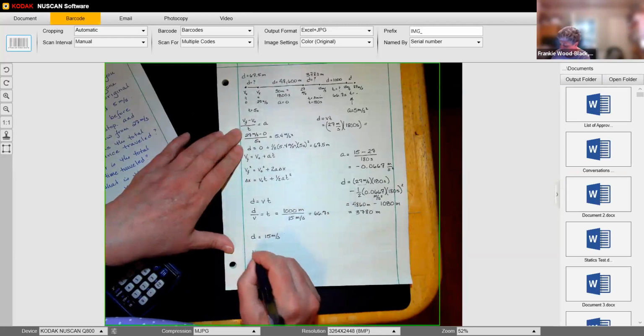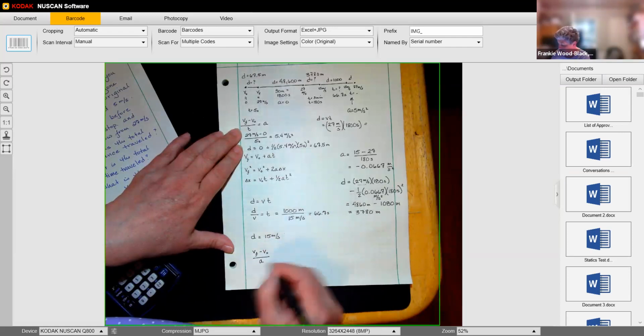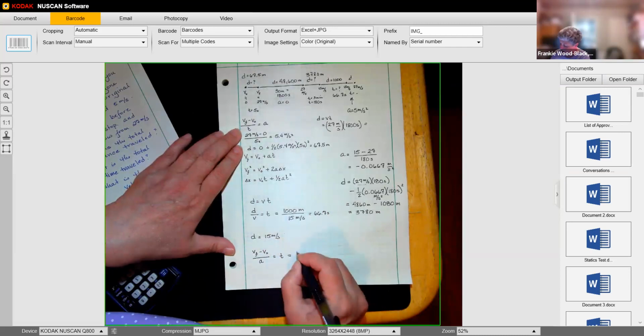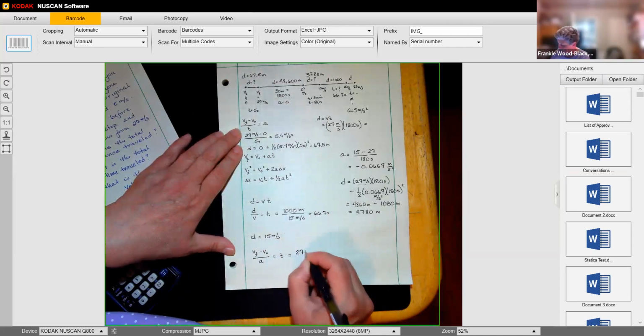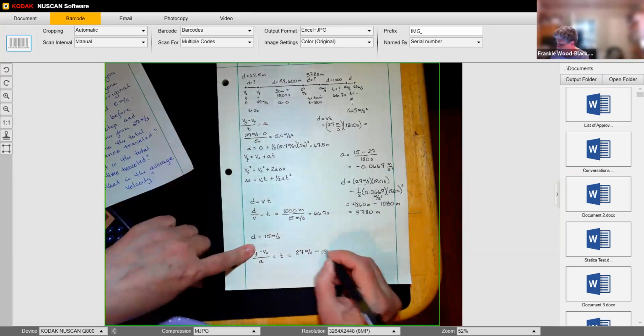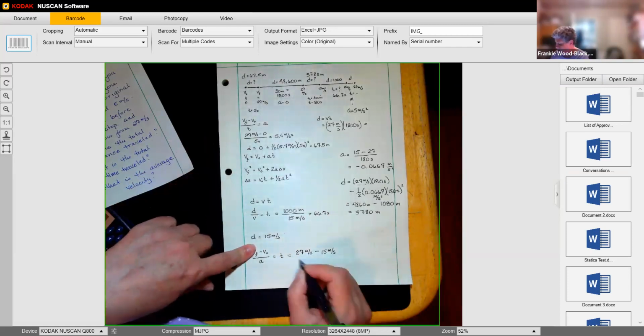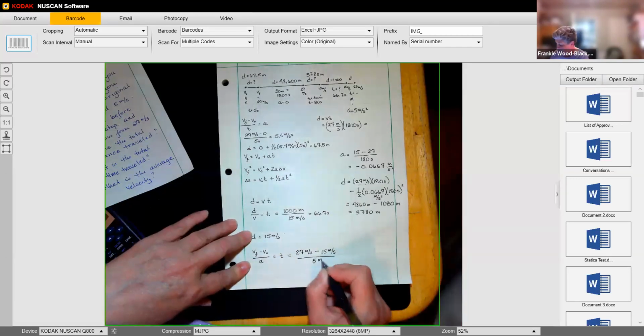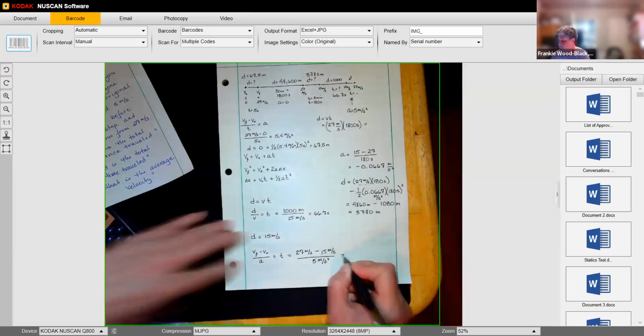We've got V final minus V initial divided by acceleration will give us time. So now I've got V final is 27 meters per second minus V initial is 15 meters per second divided by 5 meters per second squared.